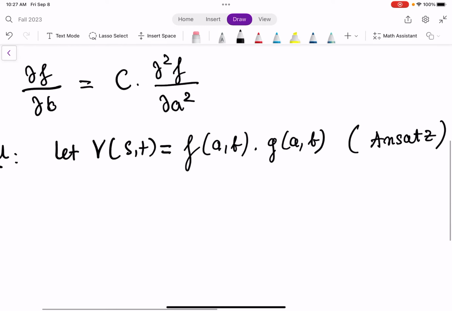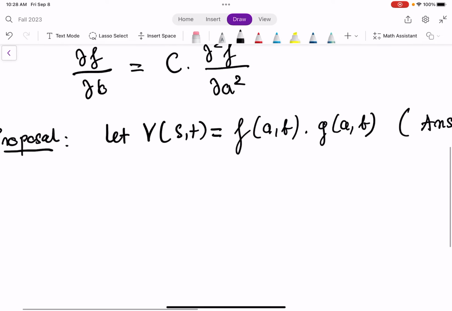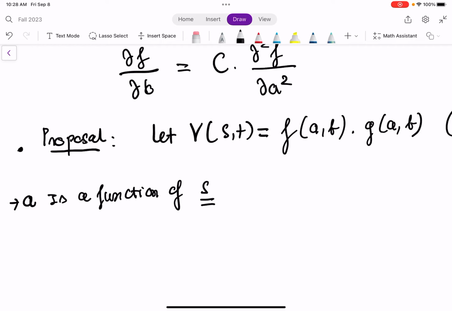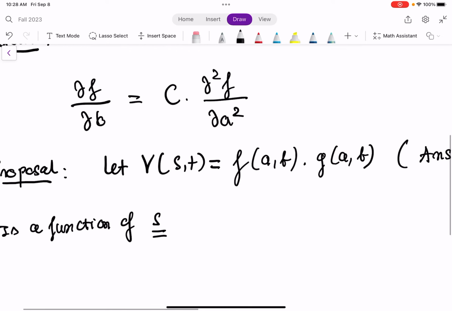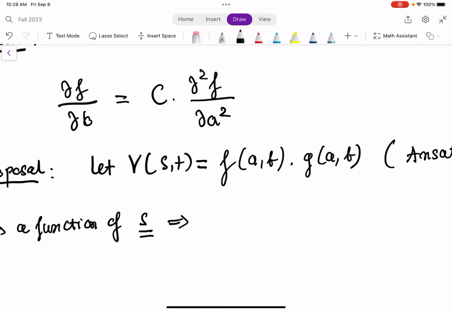So what is f, g, a, b? Now it's something interesting. So a is a function of s. What does it mean? It means that if a is a function of s, then the first derivative of a with respect to s is not 0. So dA over ds is not 0, and you will have dA over dt equals 0.